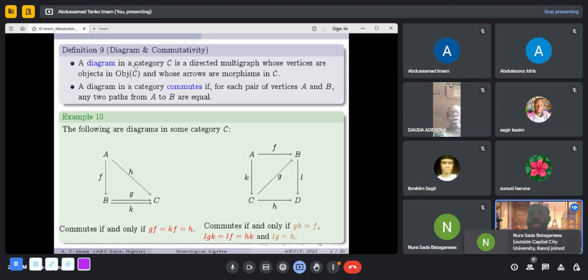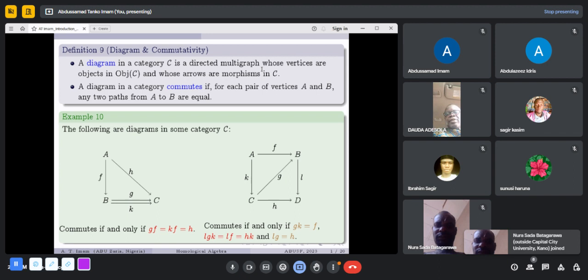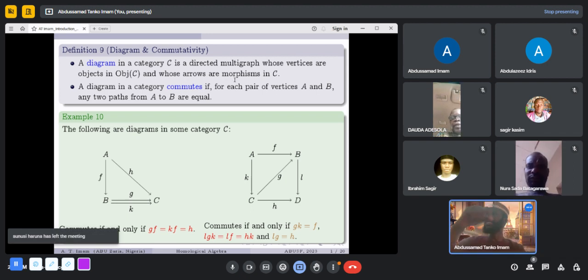So a diagram in a category C is a directed multigraph, because you can have multi arrows, you can have double arrows, you can have so many mappings between a set and another set. From a set A to B, there can be so many mappings.